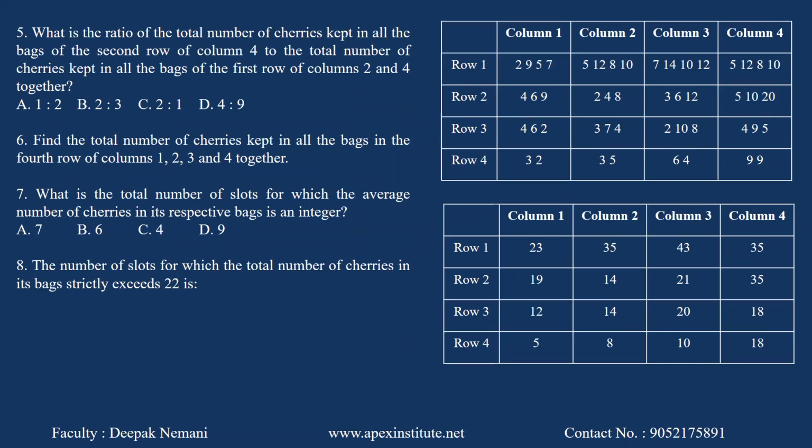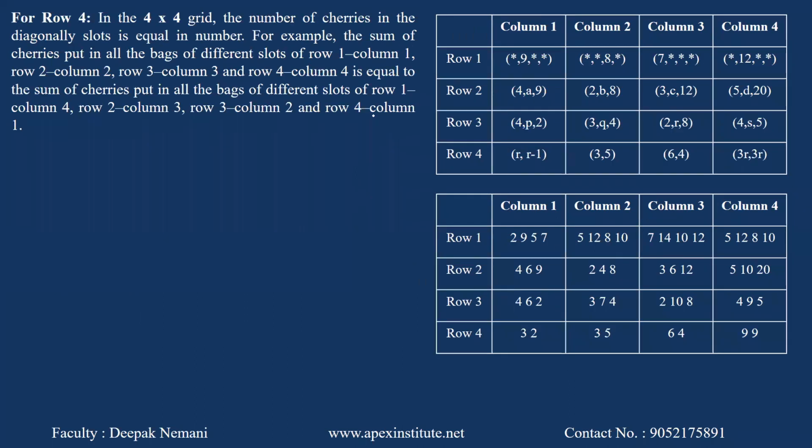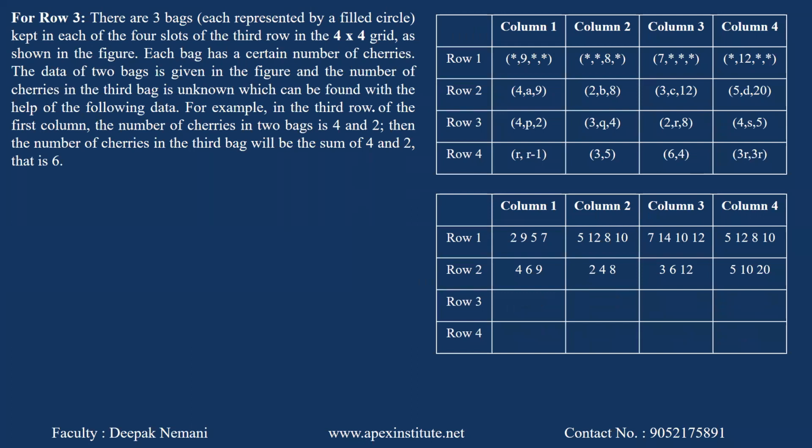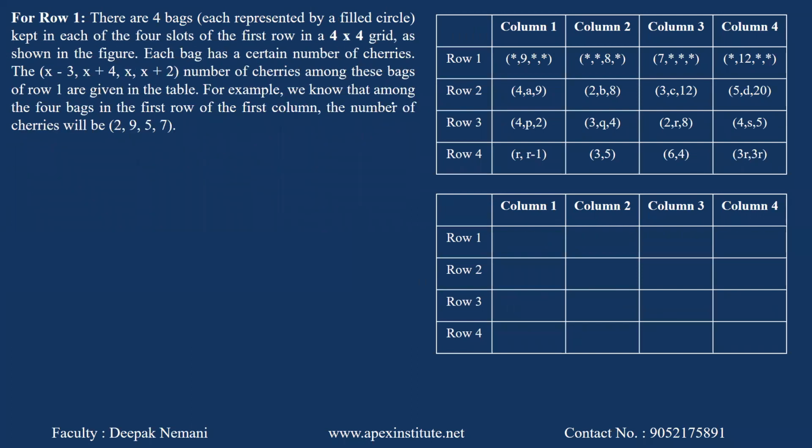Now, using the clues that were mentioned here, for row 1, there are 4 bags, each represented by a filled circle. I have not included that table here, so that we'll get some space to practice or to write.